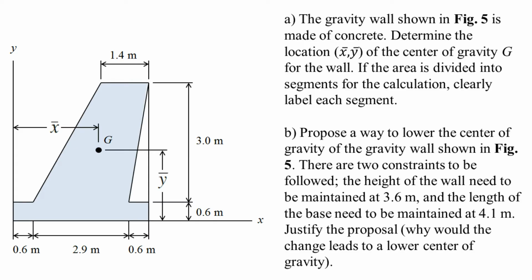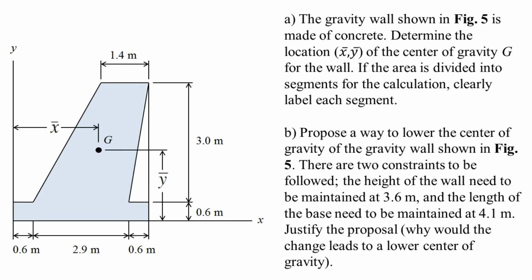If the area is divided into segments for the calculation, clearly label each segment. Part B, propose a way to lower the center of gravity of the gravity wall shown in the figure. There are two constraints to be followed. The height of the wall needs to be maintained at 3.6 meter, and the length of the base needs to be maintained at 4.1 meter.